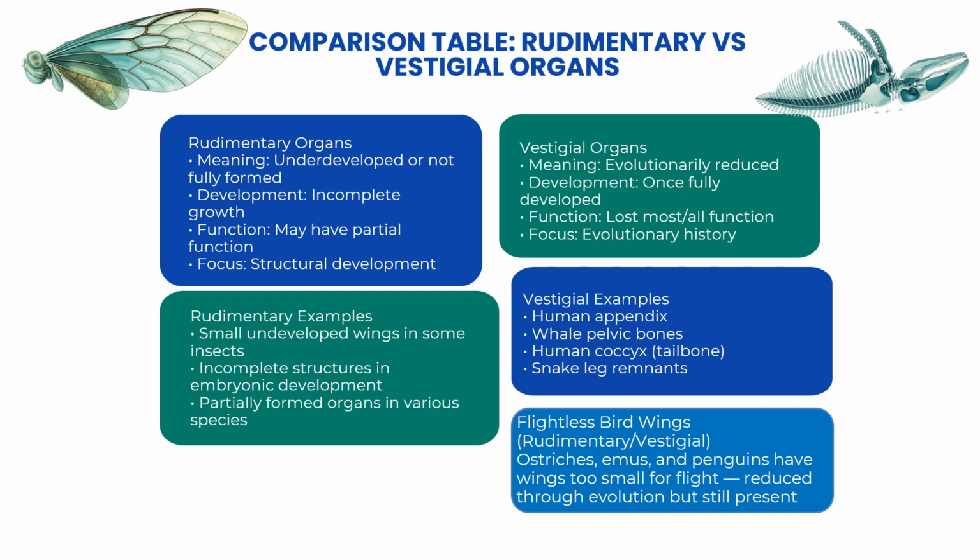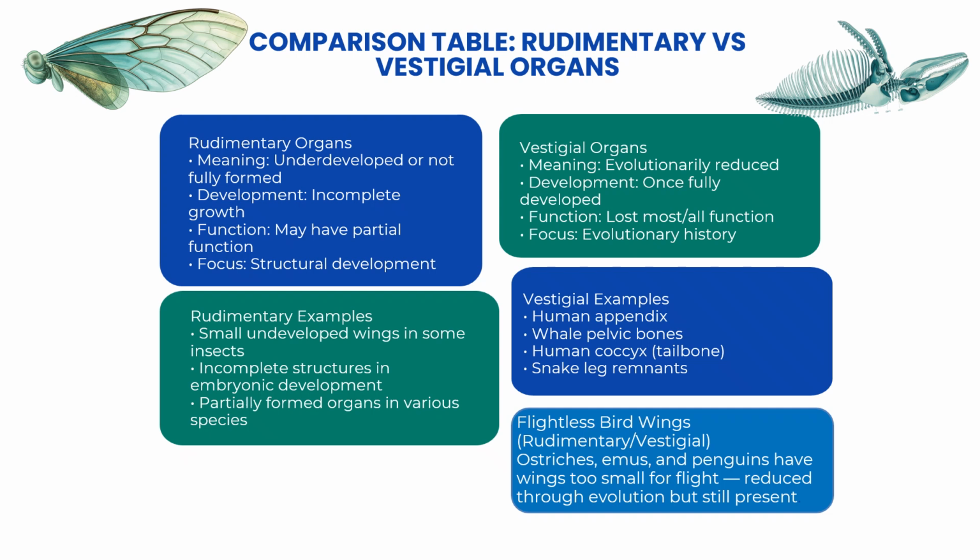So here is a small summary. As I have already mentioned, rudimentary is underdeveloped, poorly developed, which are not fully formed organs, incomplete, they have incomplete growth and partial function. Example I have already given, that is insect wings, underdeveloped wings, and some incomplete structures in embryonic development can also be included.